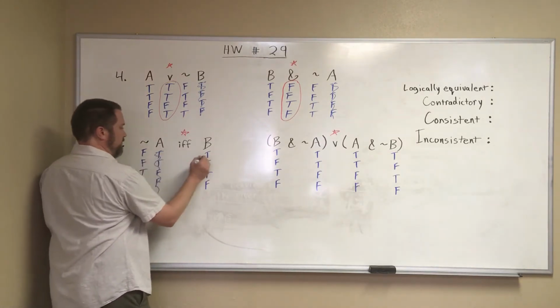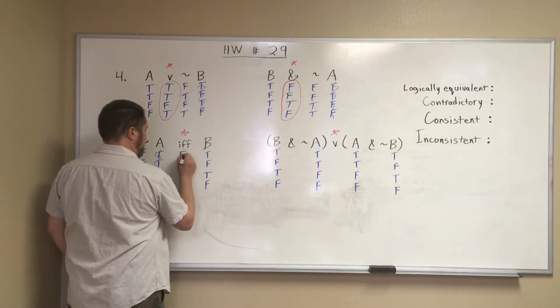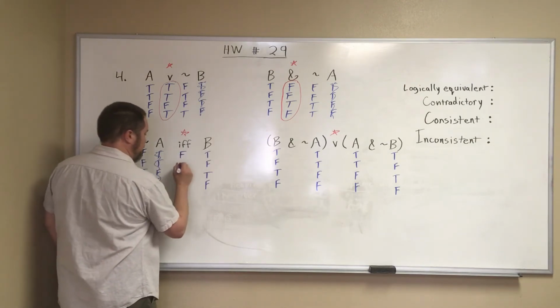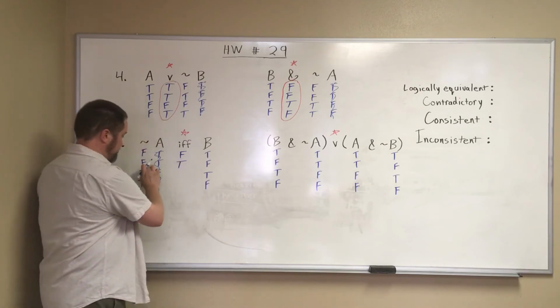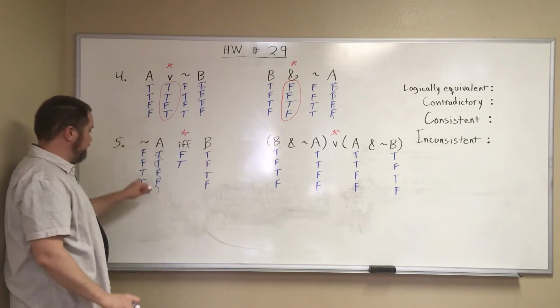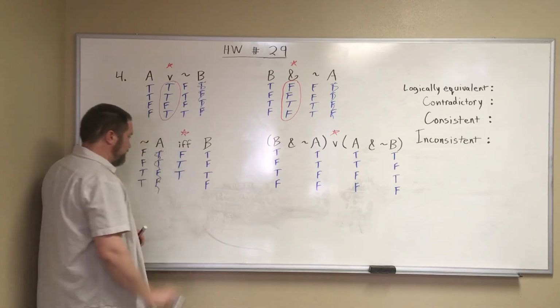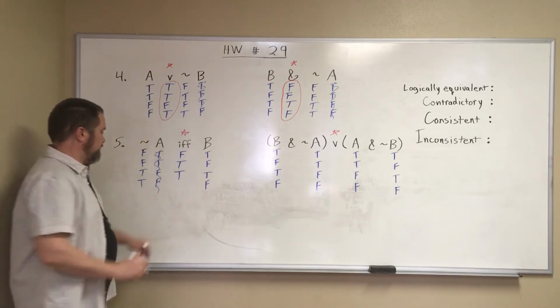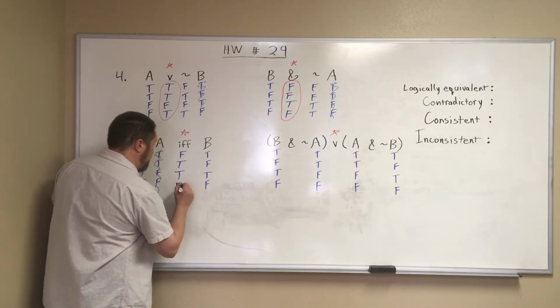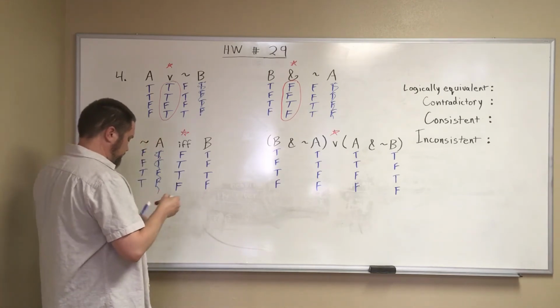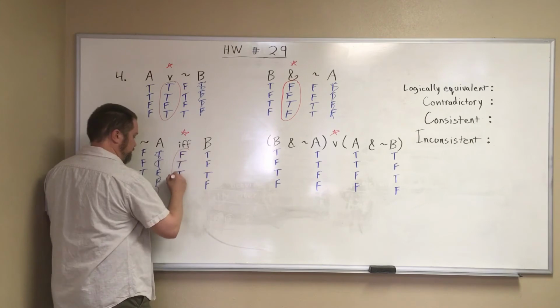So we have false here, true here, so that's false. False here, false here, so it's actually true because the false and the false are the same. And again, true and true are the same, so that biconditional is true. True and false are different, so that biconditional is false. Let's go ahead and highlight that column.